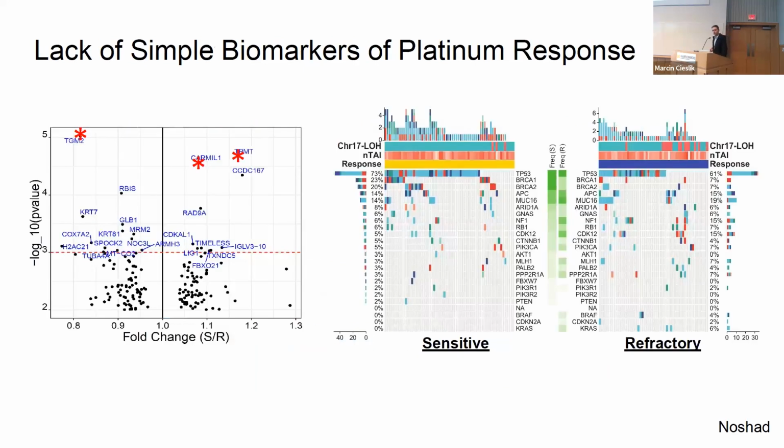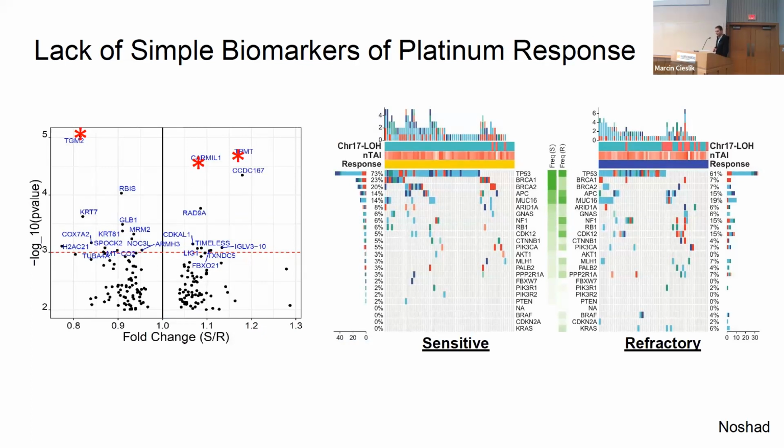So when we had the first look at the data, actually, the results were not that encouraging. If you look on the left, this is a plot which shows the fold change of sensitive to refractory, essentially trying to find whether any individual proteins can help us predict sensitivity or refractoriness to platinum therapy.